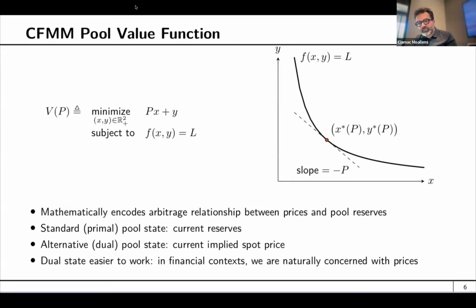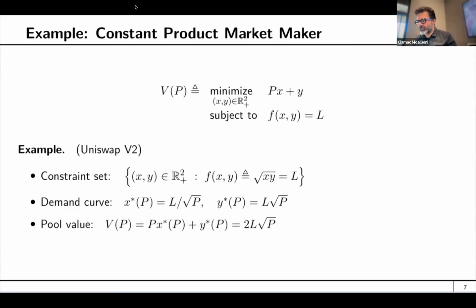It's going to turn out that this alternative representation is much more intuitive and much easier to work with because in financial contexts, we're very naturally concerned with prices. So this is in some sense the most natural representation to describe the behavior and the mechanics of the pool in a dynamic setting over time. So that's the idea of the pool value function.